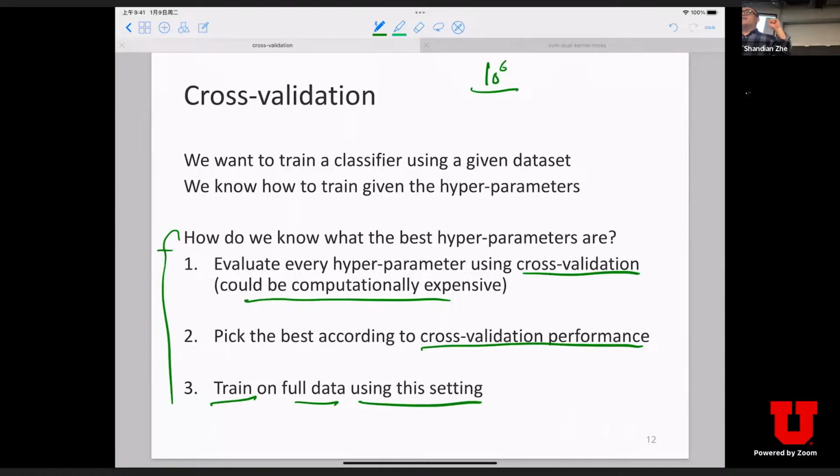And you have to enumerate every possible hyperparameter value you think is meaningful. For every possible choice, you run training 5 times and testing 5 times. This is super expensive. But in general, it works very well. Any questions so far?